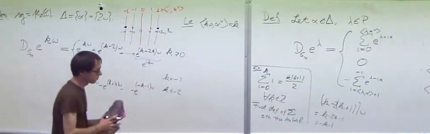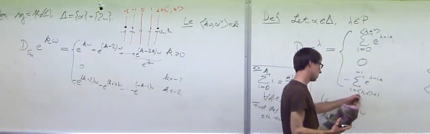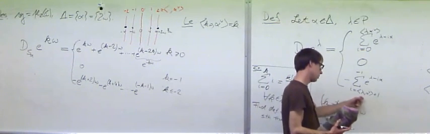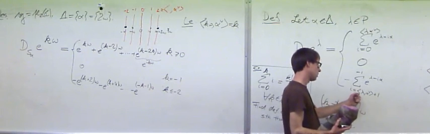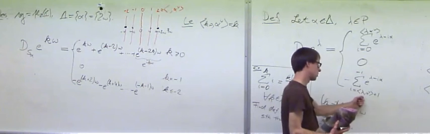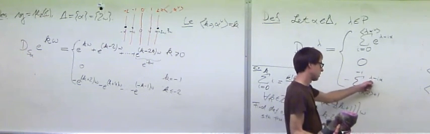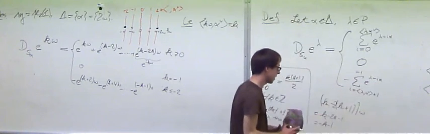So again, what's the thing here? We have to substitute k for the bracket expression. So the first summand is, as i equals k plus 1, lambda minus k plus 1 alpha.